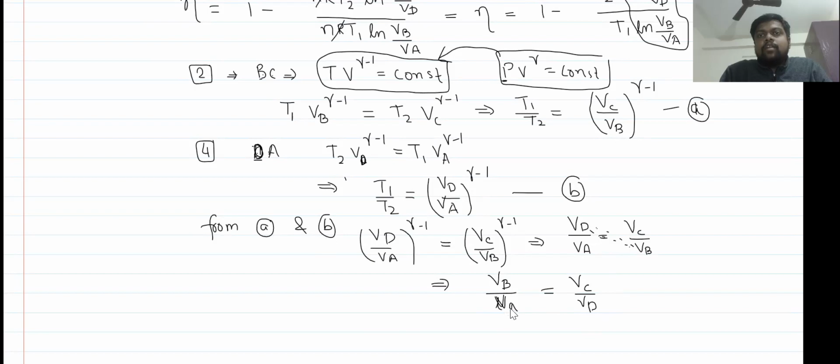Now let us take ln on both sides. So ln Vb by Va will be equal to ln Vc by Vd.